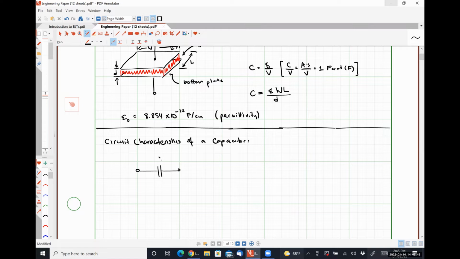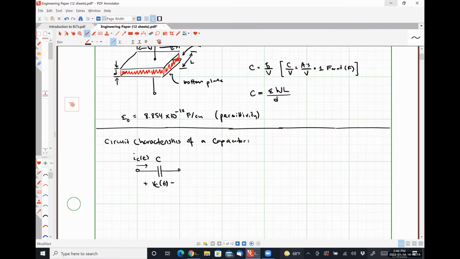This element exhibits some capacitance C, and since it obeys the passive sign convention, we should expect that a voltage drop, VC of T, will have a corresponding current, IC of T, where the current flows into the positive polarity terminal.